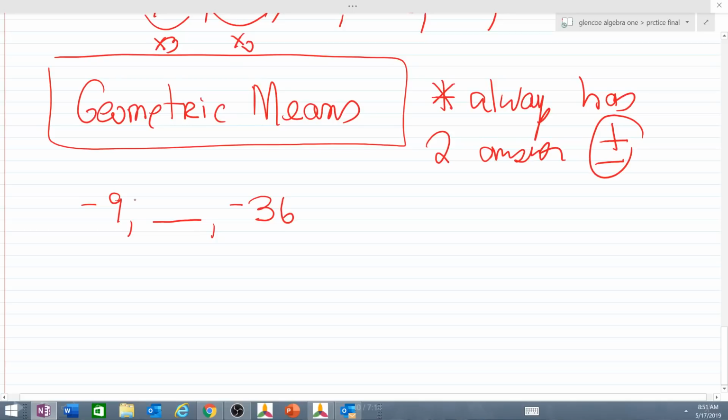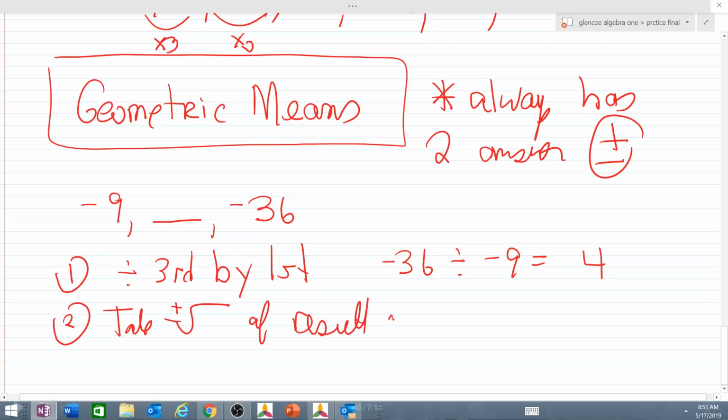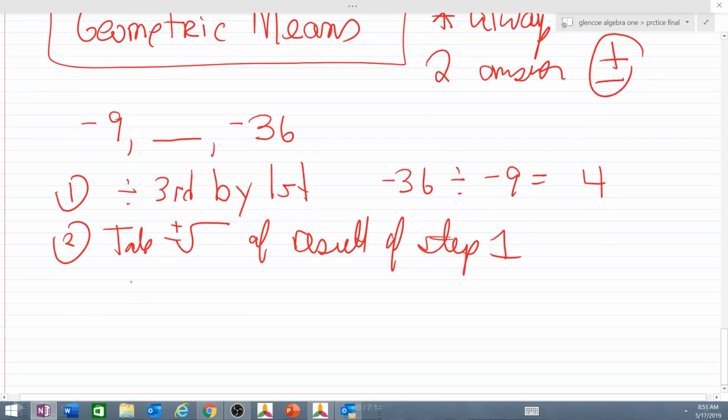-9, blank, -36. So you divide the third by the first. So -36 divided by -9 equals what? 4. So that's step 1. Step 2: take the plus and minus square root of the result of step 1. So what's plus and minus the square root of 4, guys?